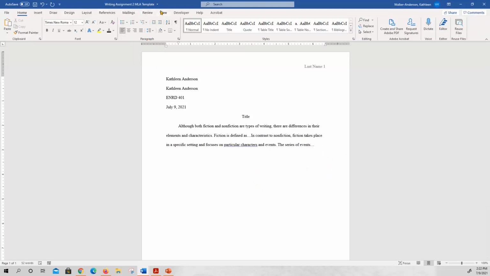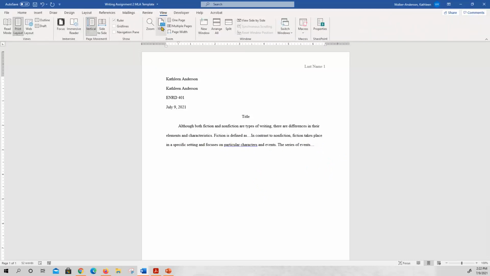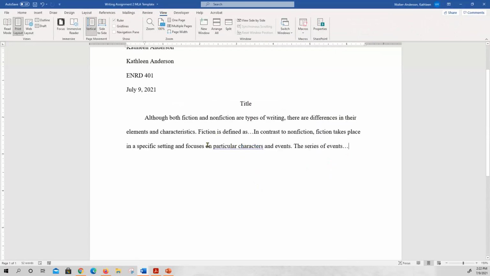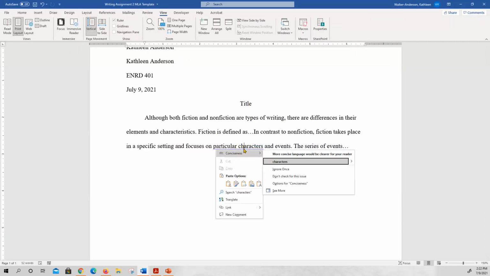And make this bigger for a minute. Sorry, 150. Okay. So this little blue line came up underneath what I typed, and when that happens, you want to pay attention. You might see a blue one, you might see a red one. So I'm going to right click, and it's telling me I have a problem with the language, so more concise language would be clearer for your reader.